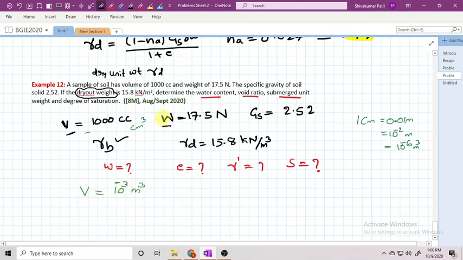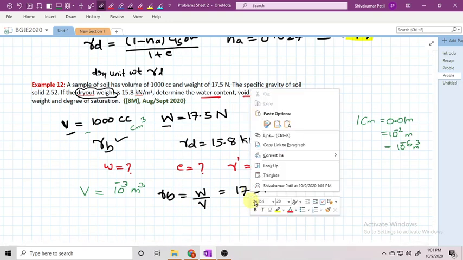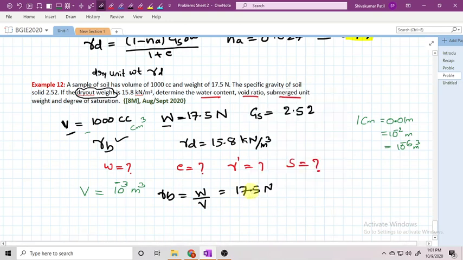Then I know the total weight, so I can find out the bulk density, sorry, bulk unit weight I should say. Bulk unit weight is nothing but total weight by total volume. My total weight is 17.5 newton, divided by my volume, 10 to the power of minus 3 cubic meter.